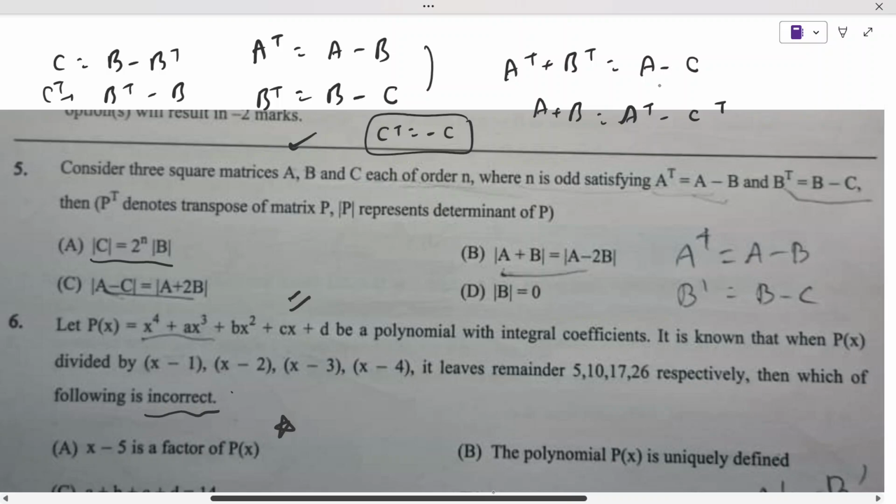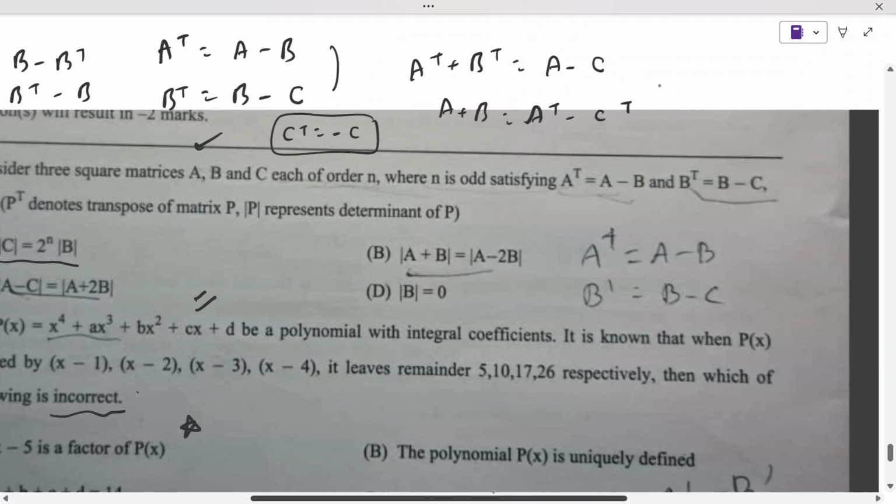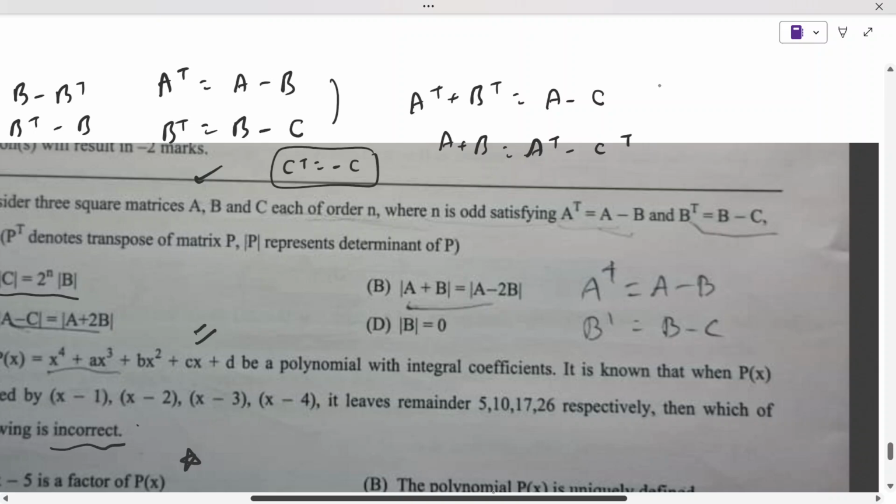How can I say B will also be 0? If we just take the transpose both sides of this equation, B transpose is minus B, right? So A transpose plus B transpose is equal to A plus C transpose.